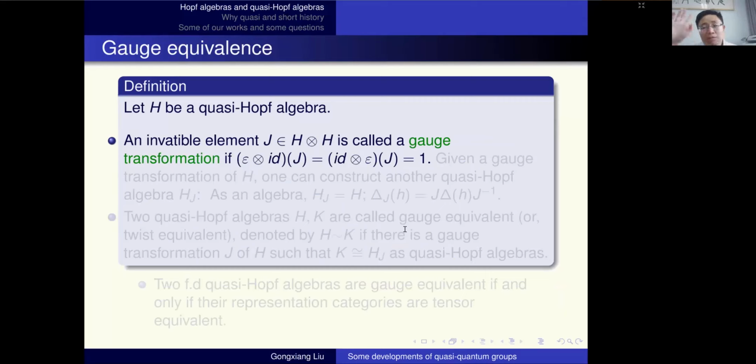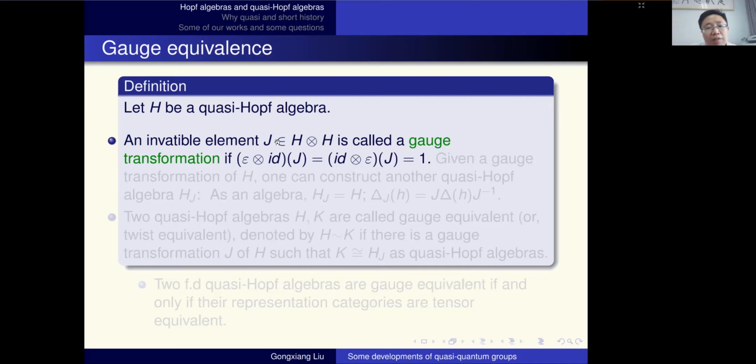For the quasi-Hopf algebra, we have two very important concepts. At first, we want to introduce the first concept, which is gauge transformation. The gauge transformation was also introduced by Drinfeld. So what's the meaning of the gauge transformation?